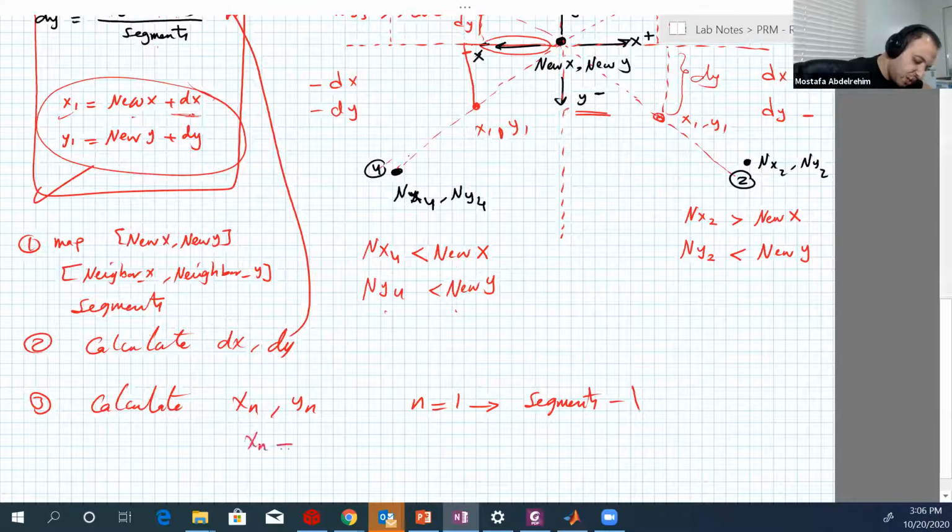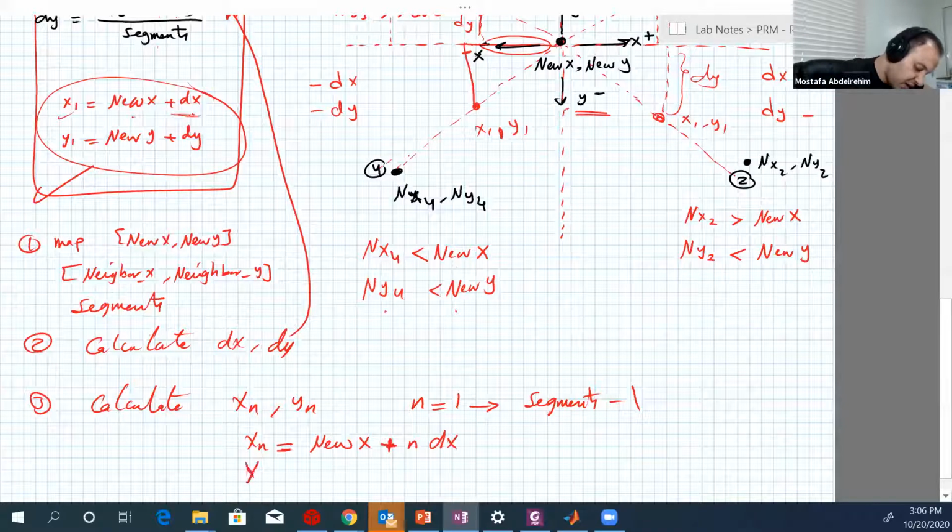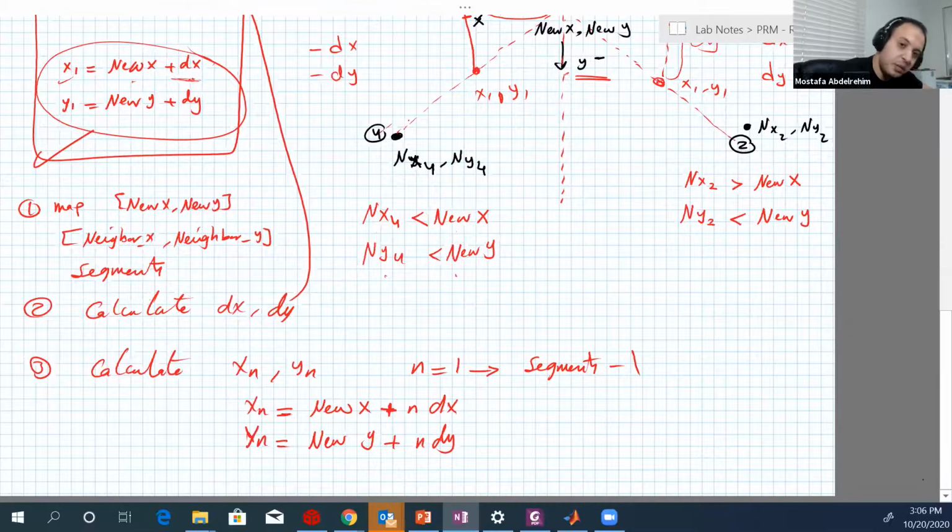Where xn is equal to new x plus n dx, because we said that the minus or negative will come from the equations of dx and dy, and yn is equal to new y plus n dy. Okay? Or these equations, we can say.